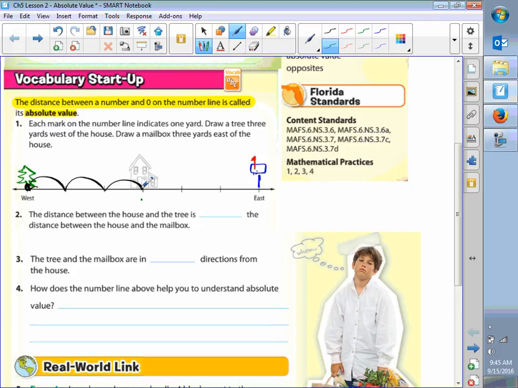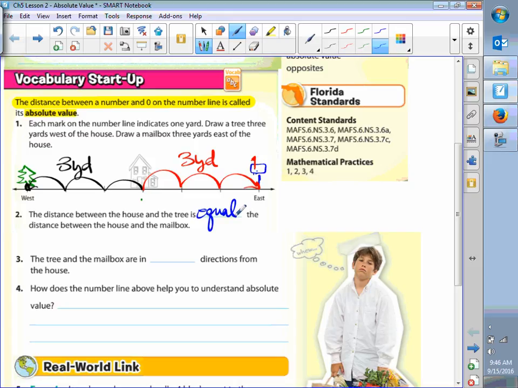Which is 3 yards. Good. 3 yards to the mailbox. So when we go the other direction, 3 yards. 1, 2, 3. 3 jumps, right? So it's 3 yards to the mailbox. So the distance, when I'm comparing the two, it is what? Equal.